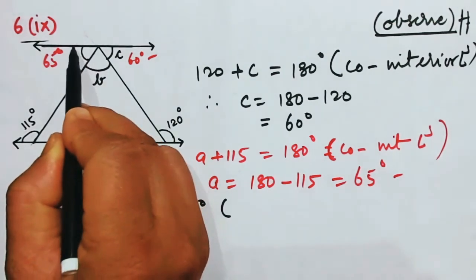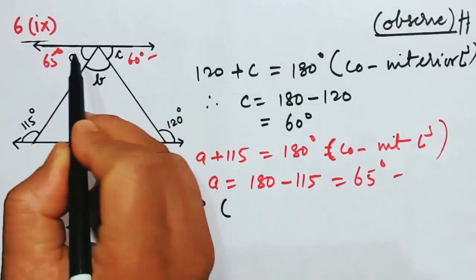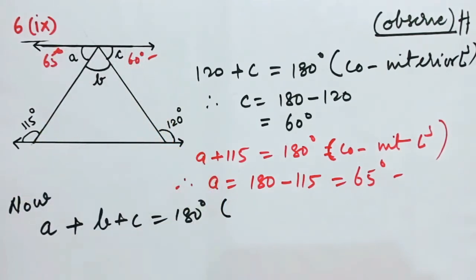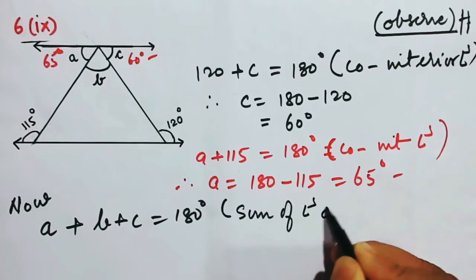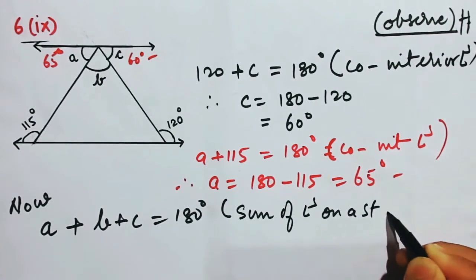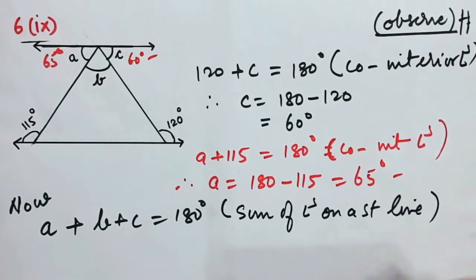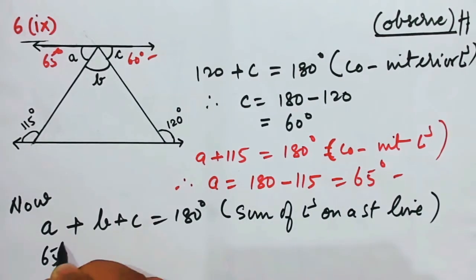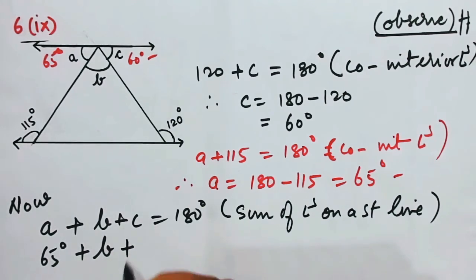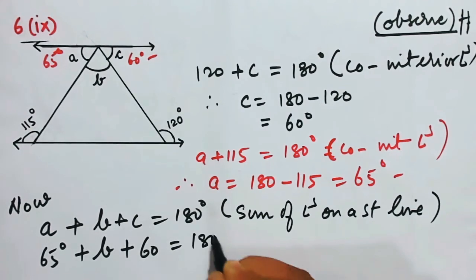The sum of angles on a straight line. What is the value of A? A is 65 degrees. B I do not know, while C is equal to 60, equal to 180 degrees.